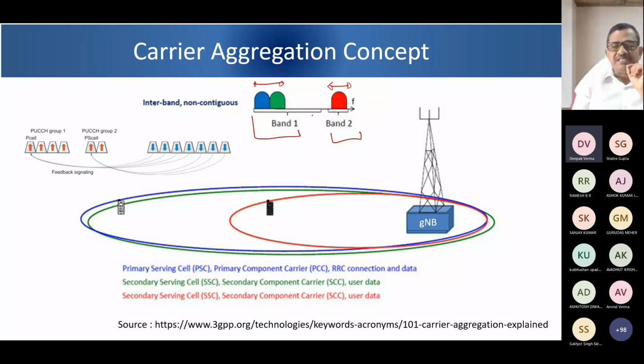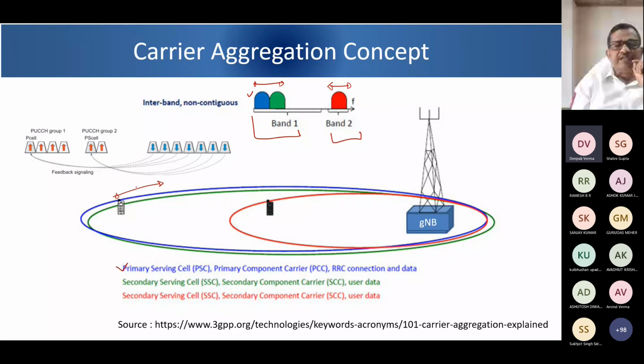So what happens is that this blue one is the outer coverage which one is getting with this frequency. So this lowest frequency becomes the primary serving cell or the primary component carrier.